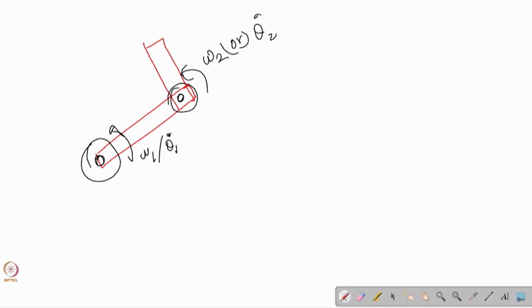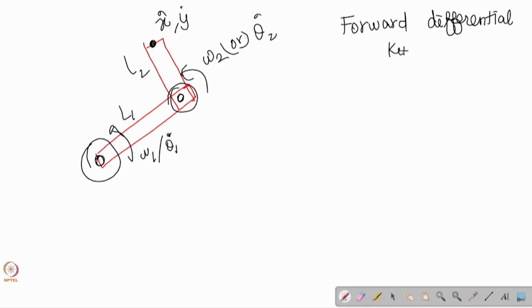You fix them, and L1 and L2 are known. So you are trying to find out what x dot and y dot are, right? That is straightforward, which we call forward differential kinematics.